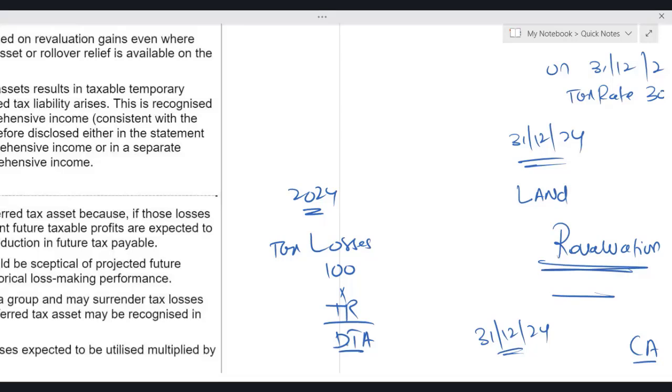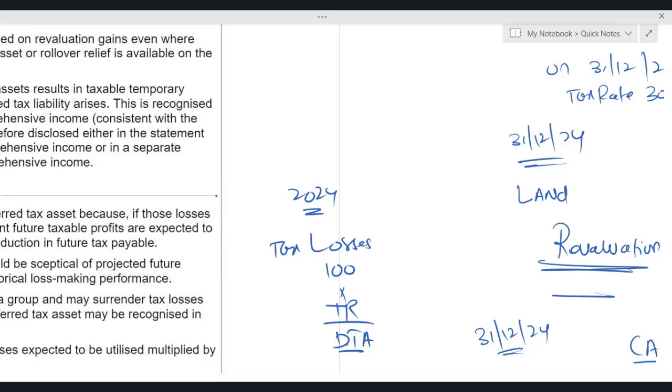Right now, we are having a loss of 100 million, but in the future, they have estimated for the first year, second year, and third year, the total taxable profit is going to be, assuming, 80 million. If this is the case, then student, you cannot recognize the deferred tax asset on the entire 100 million loss. Instead of 100, you will be recognizing a deferred tax asset on the basis of 80 million.